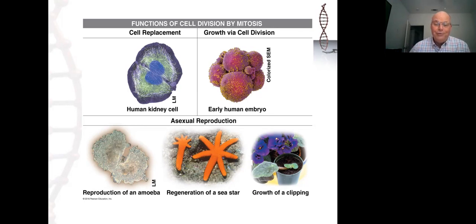Same with strawberries. Strawberries are very hard to grow from seeds, but you can grow them from cuttings. And so the vast majority of strawberries are grown this way. Potatoes are grown from the eyes on the potato. So if you leave a potato in the dark for a length of time, it will actually start to sprout a stem out of the potato.